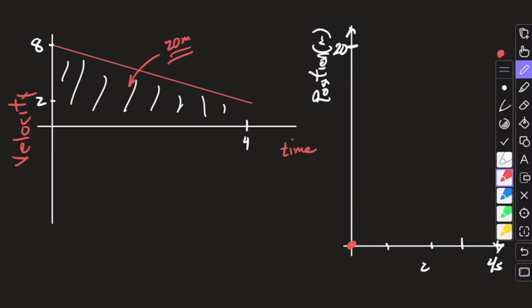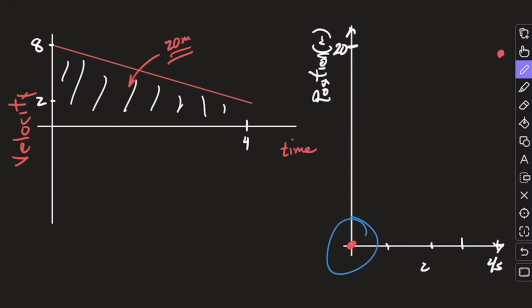So start with one dot and one dot only. I'm going to start with this one down here at the bottom. What is the slope at time 0? It's 8. It's positive 8. Now I don't know exactly what positive 8 looks like, but it's positive, and it's 8, so it's steep.